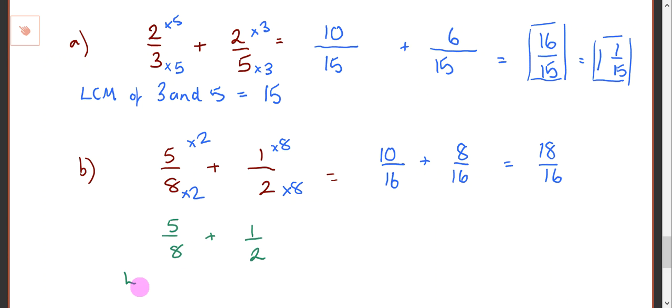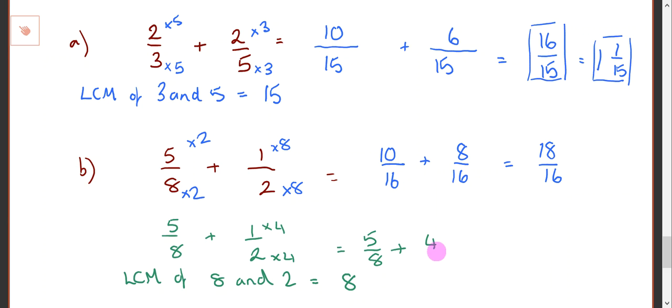What is the lowest common multiple of 8 and 2? It's not 16. It's 8. The lowest common multiple of 8 and 2 is 8, because it's 8 times 1, so I don't need to do that, and it's 2 times, so actually I only need to change this second one, and it becomes 5 eighths plus 4 eighths, and the answer is 9 eighths.